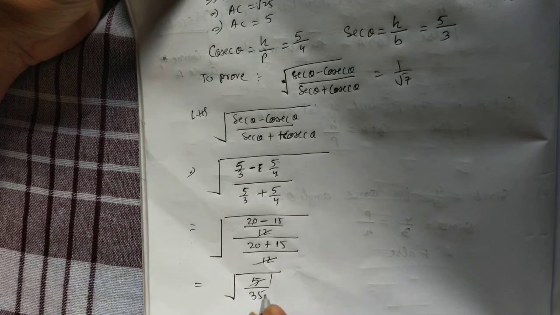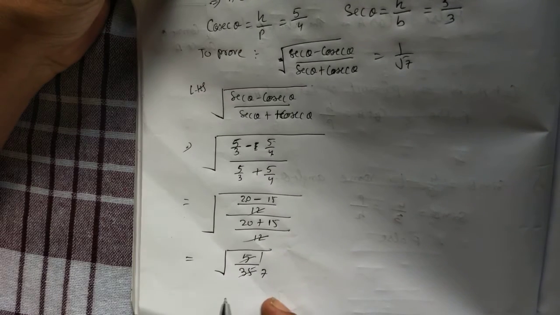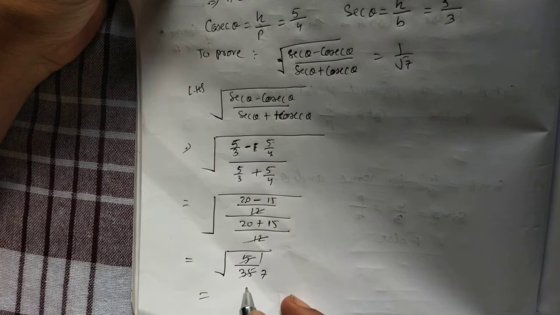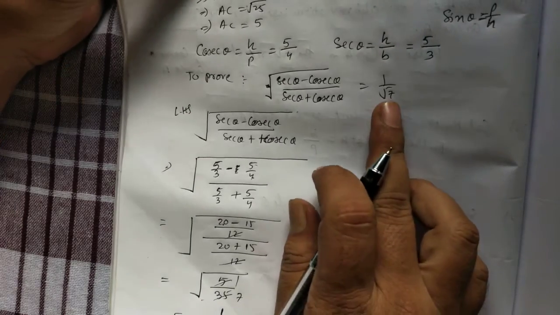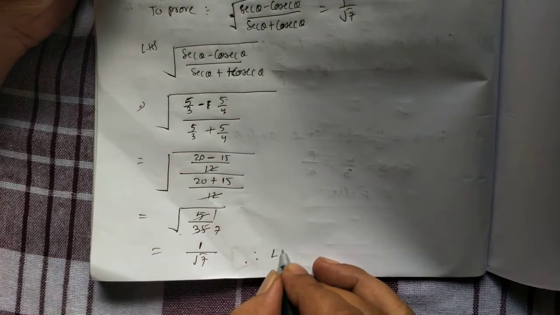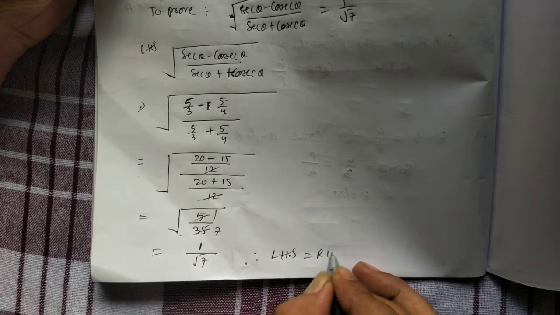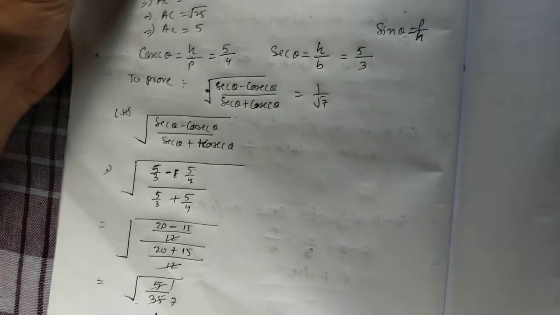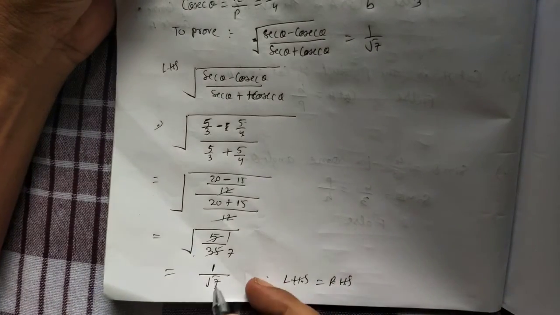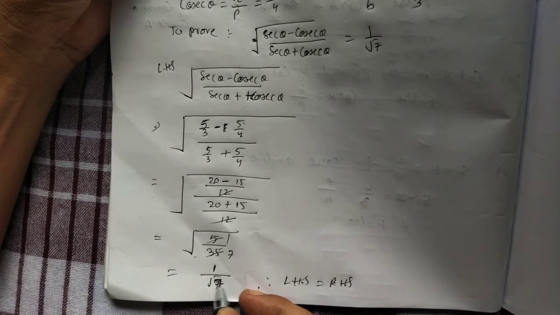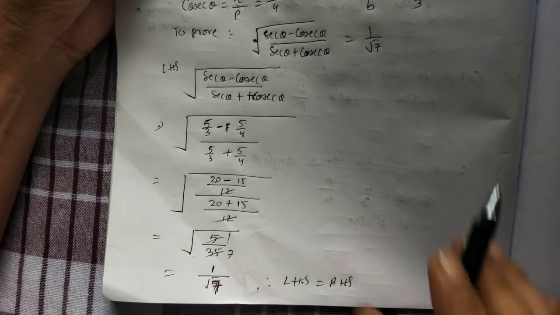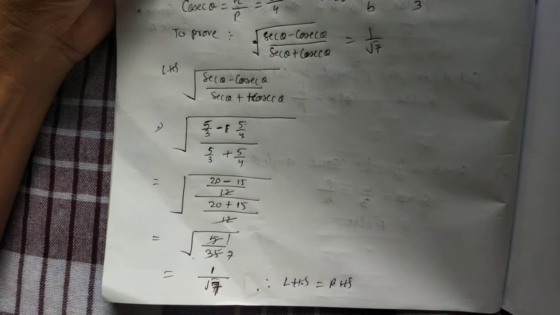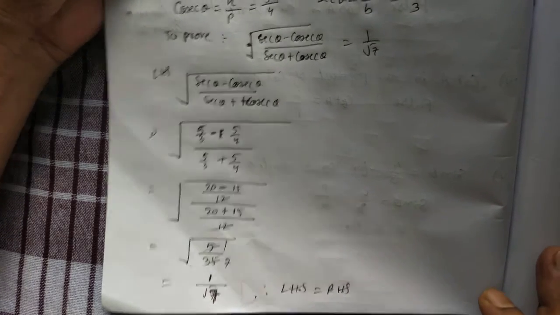We can cancel again. So we're getting root 1 is 1 and root 7 will be root 7 only, which is equal to right hand side. And then you can write therefore LHS equal to RHS. You can pause the video to write the solution. This is root 7, okay? Root 1 is 1, root 7 is root 7, which is equal to right hand side. Hence proof, okay. Let's go to the next question.